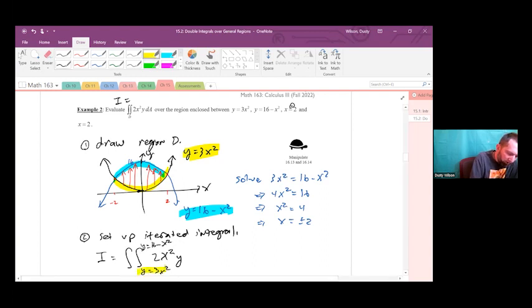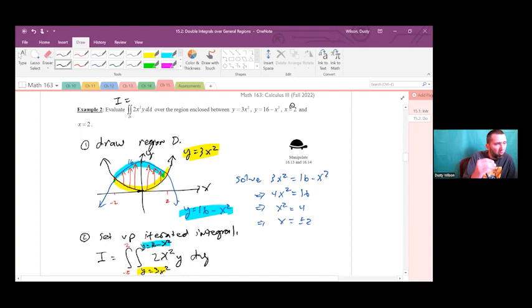Let's get our colors in there. And we notice that the left arrow is at x equals -2, and the right arrow is at x equals 2. So notice that we integrated first with respect to y.